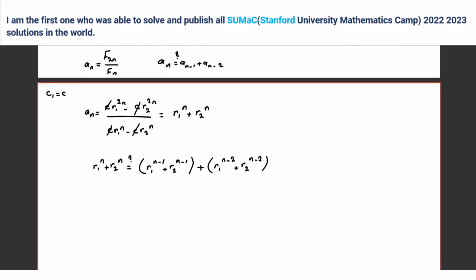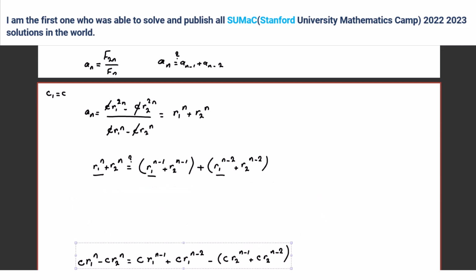Okay, we know that because of the Fibonacci sequence, c r1 to the n minus c r2 to the n is equal to c r1 to the n minus 1 plus c r1 to the n minus 2, minus c r2 to the n minus 1 plus c r2 to the n minus 2, right? And then we want to prove that r1 to the n is the sum of these two, right?